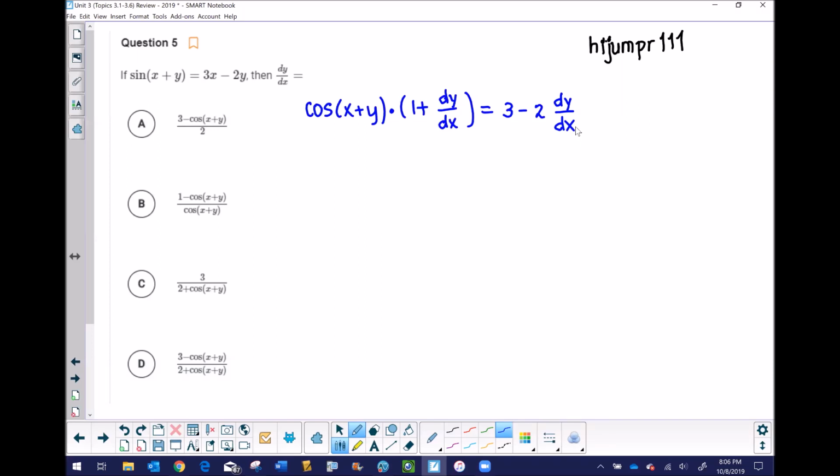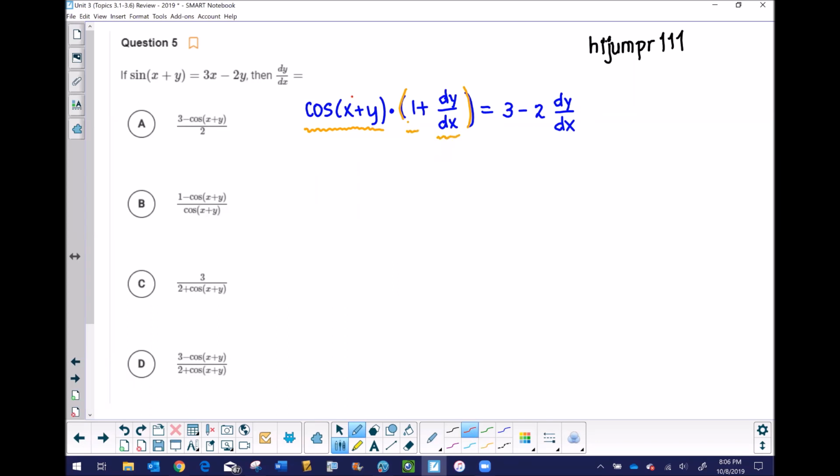Now, the problem with this question is that it's a little bit unkind in that these parentheses have to be busted apart before we really can have any hope of getting the dy dx's together. And sometimes it's just a matter of making sure that students are comfortable counting how many terms. So I want you to all know that this cosine of x plus y counts as one term, but inside the parentheses you have a pair of terms.